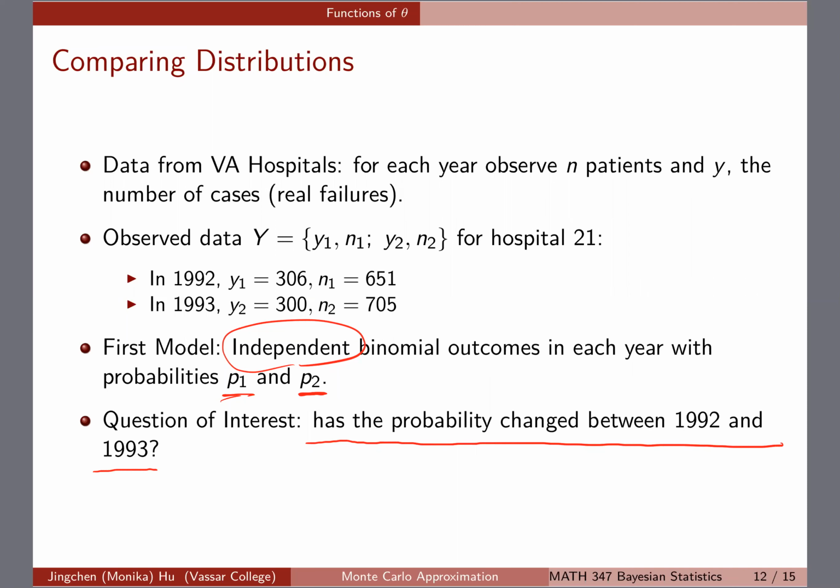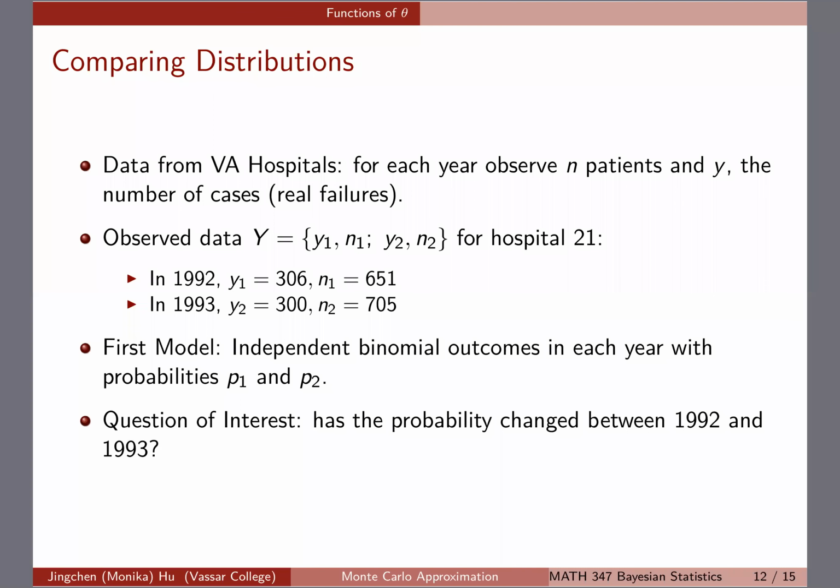Each has the number of trials, right, and then the number of successes. So how can I set up my model? The likelihood, the prior, et cetera, how would you do that? So it's open-ended, talk to your neighbor, and we're going to look at it together in a minute.